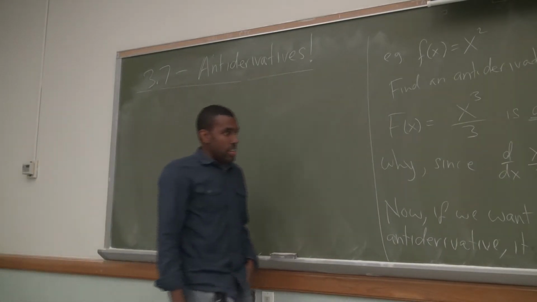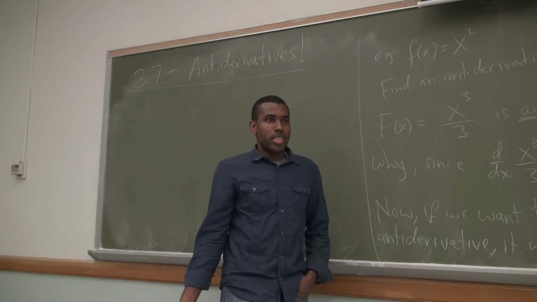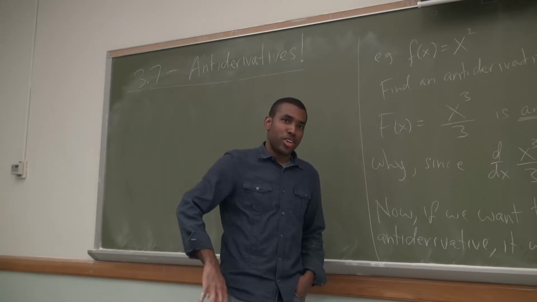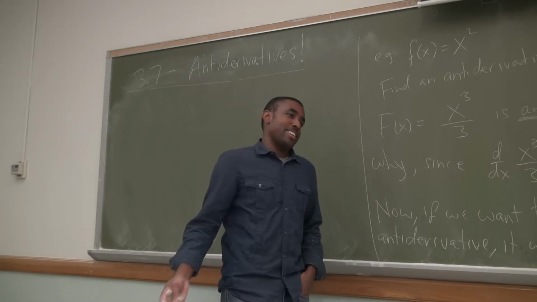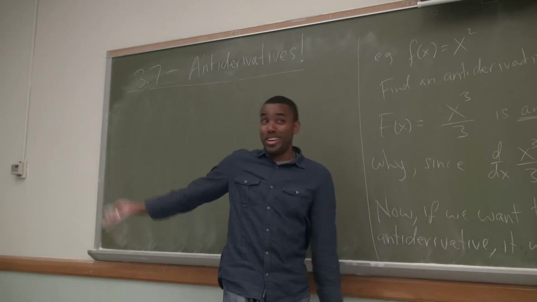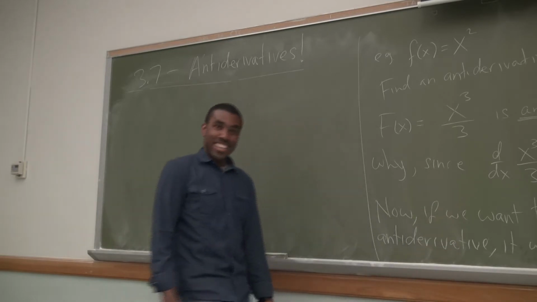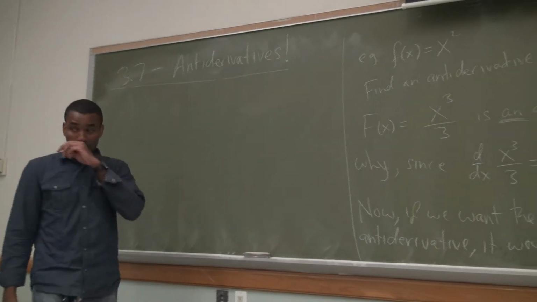So it turns out that the reverse of the derivative, the reverse of finding the slope, is actually finding the area under a curve. Which is sort of weird when you think about it. If it doesn't make sense, don't feel bad, because it took mankind over 2,000 years to figure this out, when Newton and Leibniz came along. I thought when you do the antiderivative, you would go back to the function.